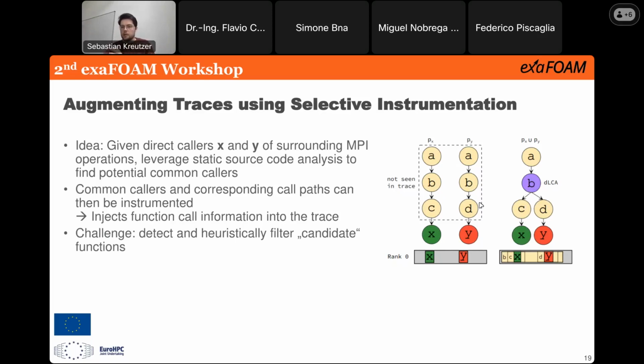If we can find out that B is one of the candidates for this common caller, then we can instrument B and all the call paths below and produce a trace that contains information about the functions in these call paths. The challenge here is to detect and heuristically filter these candidates for the common callers.